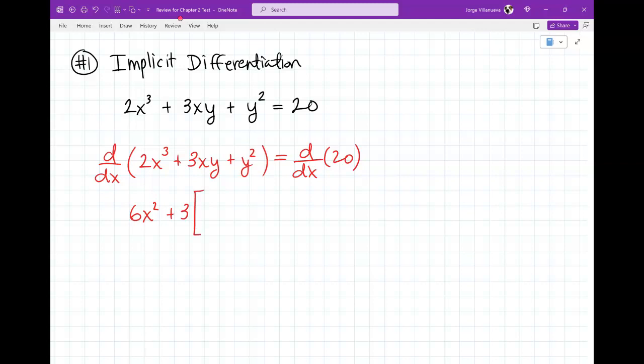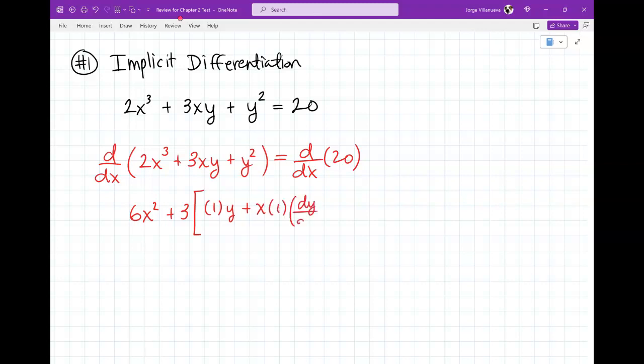I'm going to leave that the way it is. Plus the 3, I'm taking the 3 out because I know 3xy, that's a product. I don't need to have the 3 inside of it, so I'm going to take it out. And I'm going to take a derivative of the product of x times y. Okay? So the derivative of x is 1, right? I'll show it here, times y, plus x times the derivative of y is 1.